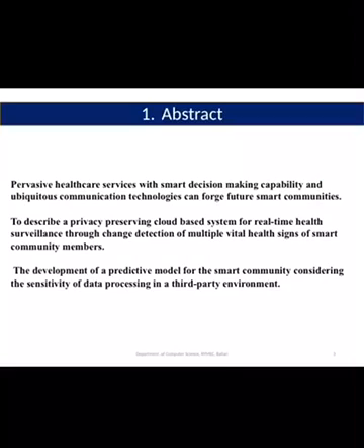And finally, the development of a predictive model for the smart community considering the sensitivity of data processing in a third-party environment. So in order to proliferate future smart communities, we consider a parallel approach for encrypted computations using the MapReduce algorithm of Apache Hadoop.